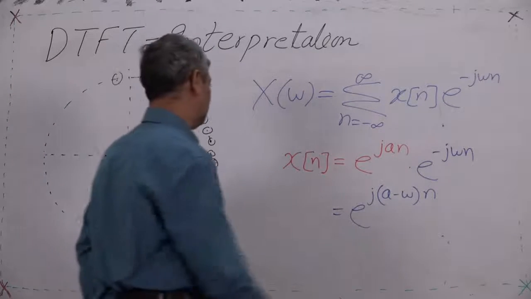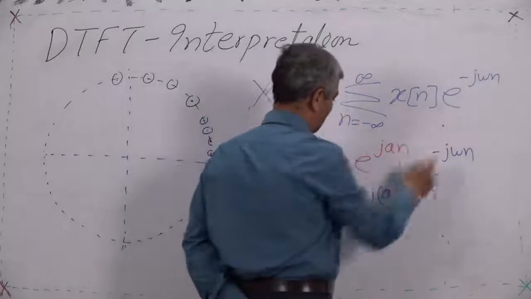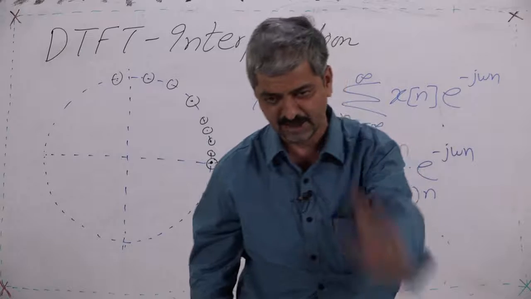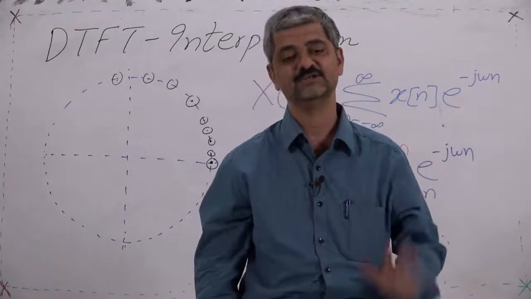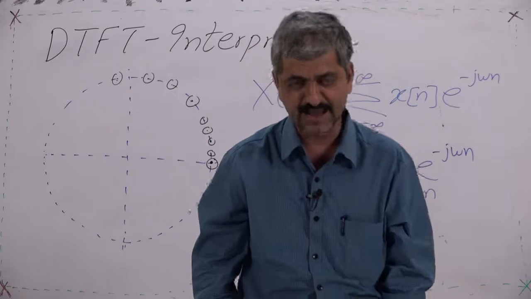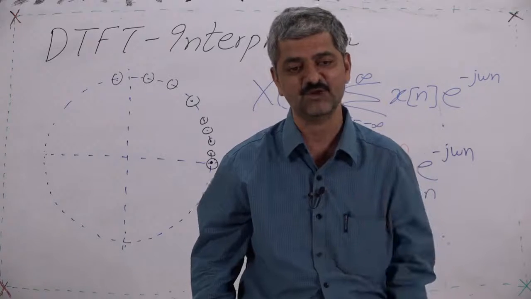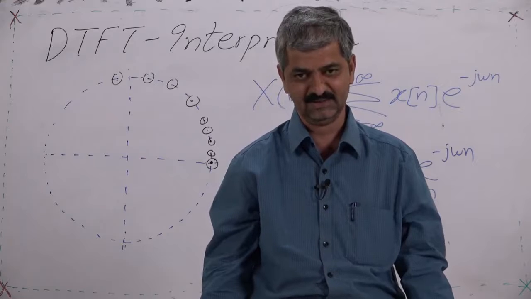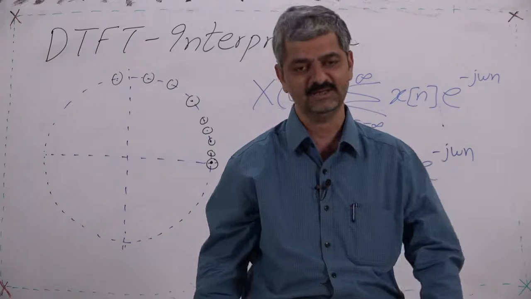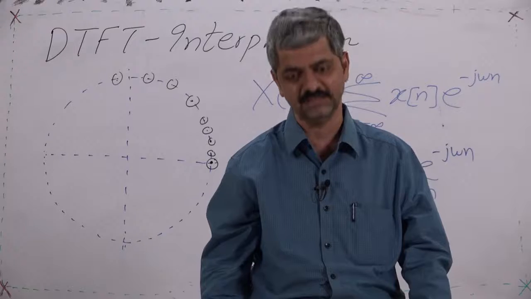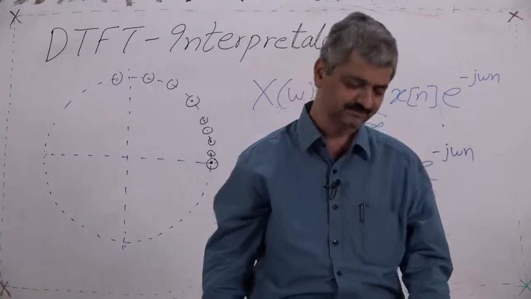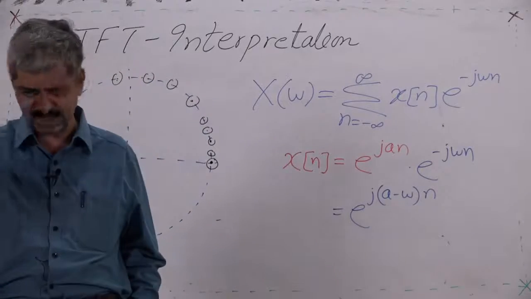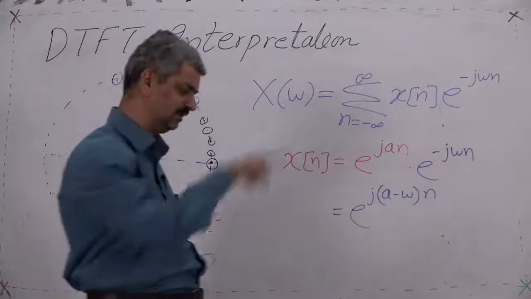So, x[n] times e raised to minus j omega n, that is the weighted sequence, is also a rotating point, and the infinite summation of a rotating point by common sense is 0, in the sense that it is spread around the origin at different values and continuously rotating.